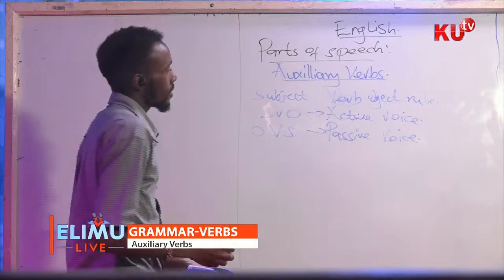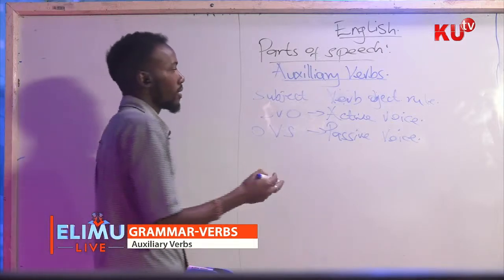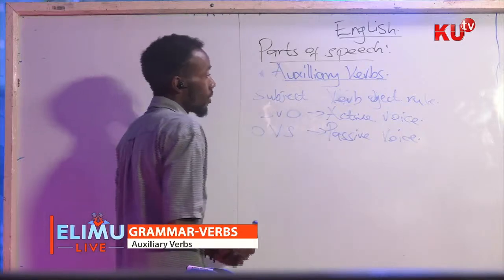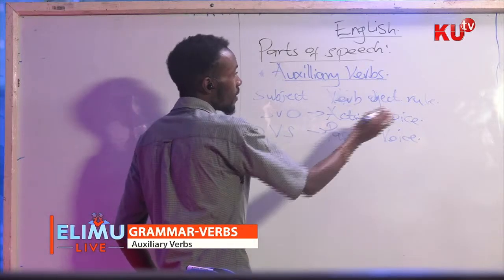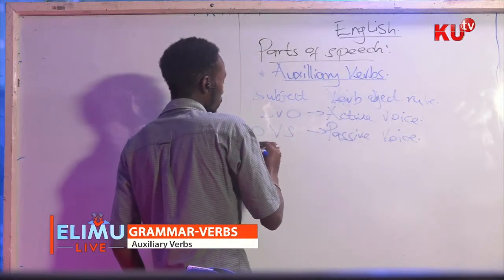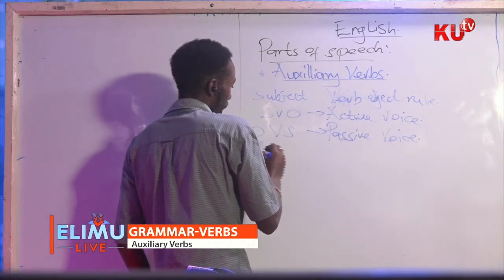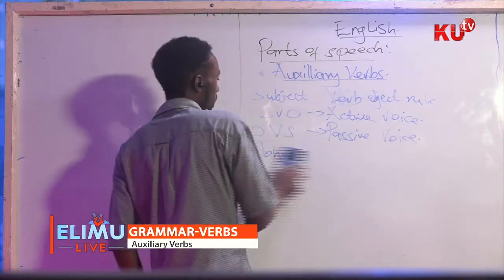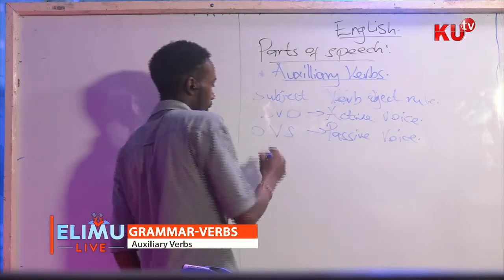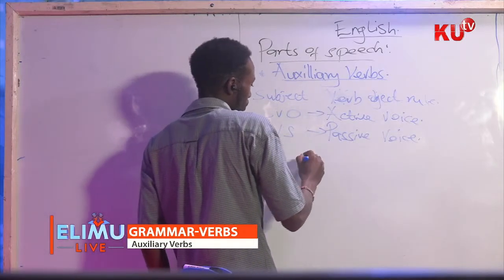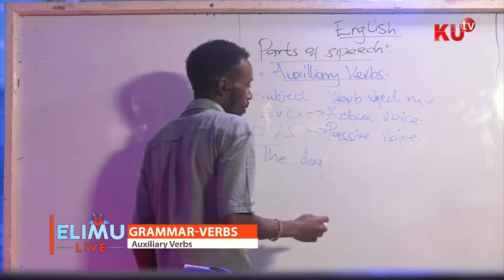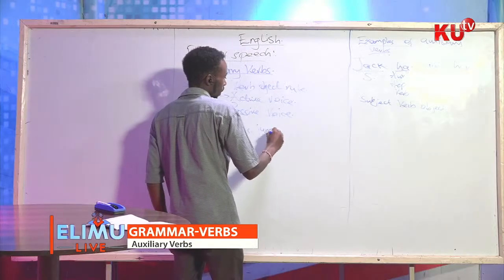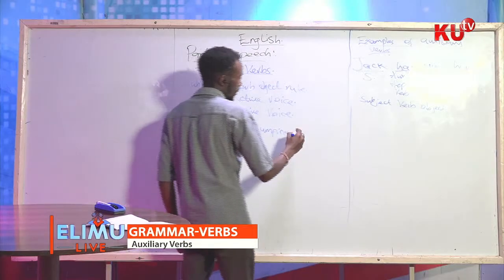So that was just by the way. We have the main focus here, which is the auxiliary verbs. When we have a sentence, for example, the dog jumped over the river. The dog was jumping joyfully.